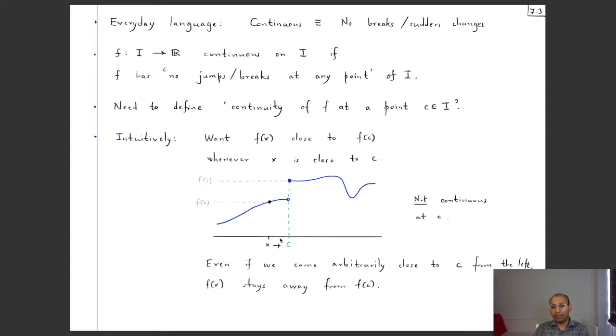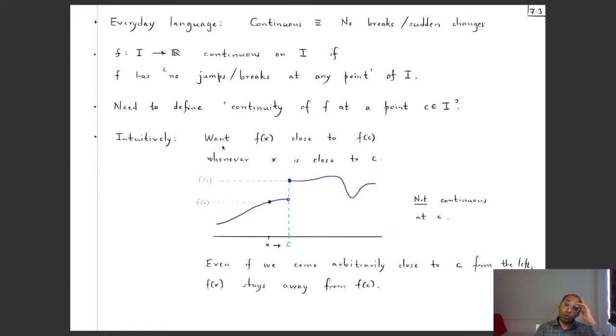If x is less than c but is approaching there, the values are far away from f(c). There's this big gap between what f(c) is and what f(x) is when x is very, very close to c. No matter how close I get to c, the values stay far away. So we claim that this is what is capturing continuity.